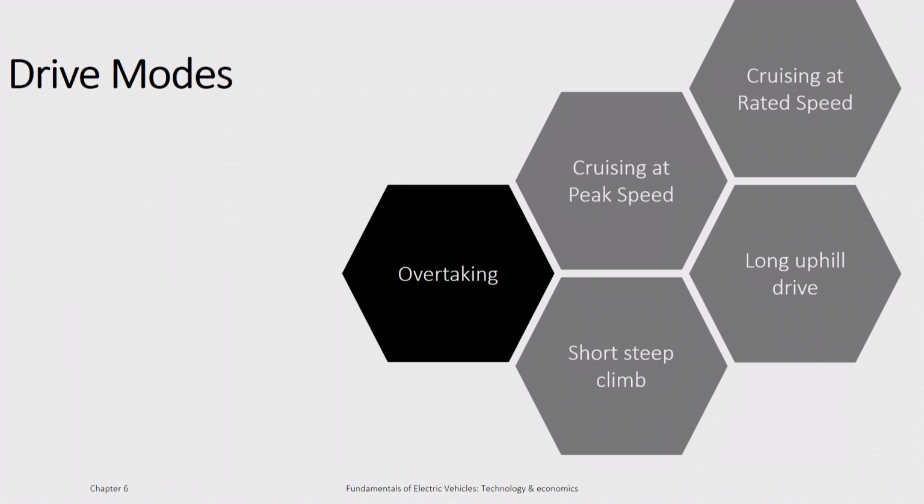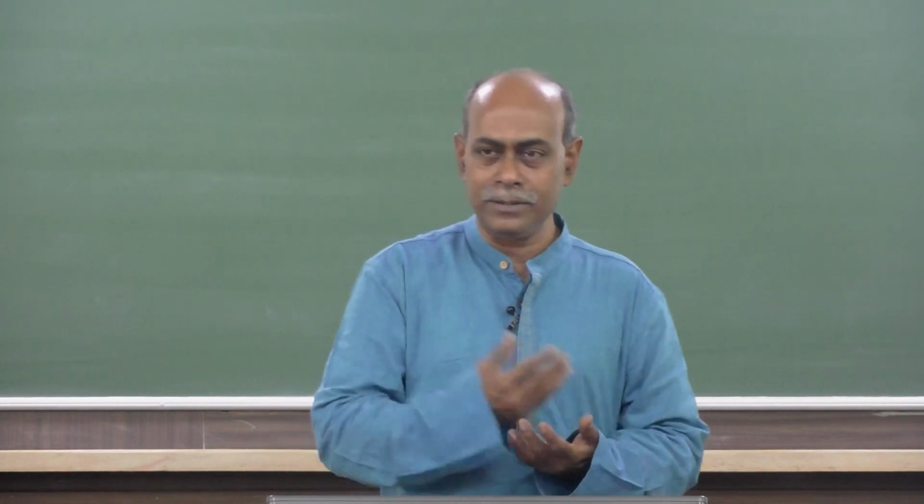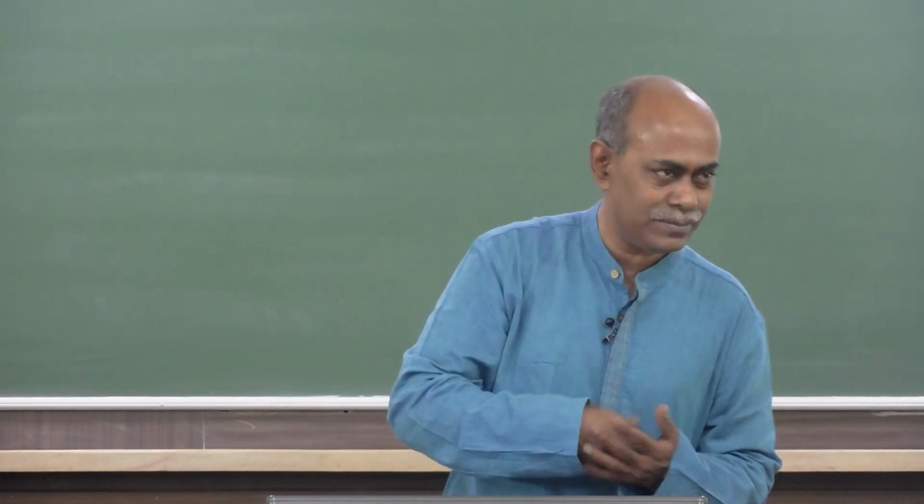And another challenging context for a motor is when the vehicle is already going at a fairly high speed, and in front of my vehicle there is another vehicle going at approximately the same speed, slightly faster or slightly slower, but I want to overtake that vehicle and get ahead of it.